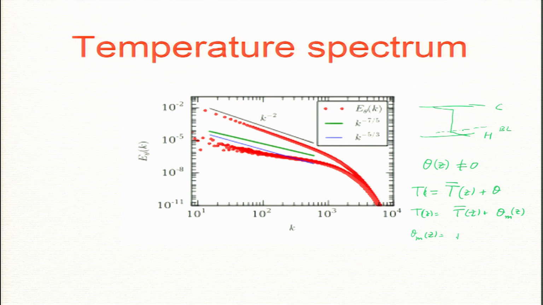Theta m of z will be T of z minus T bar of z. In the bulk, what is that? So if we assume this to be 1 and this is 0, then this is half minus T bar of z. I will not explain it, but it is dropping linearly, as 1 minus z. So you see theta m has a profile which is half minus half plus z.